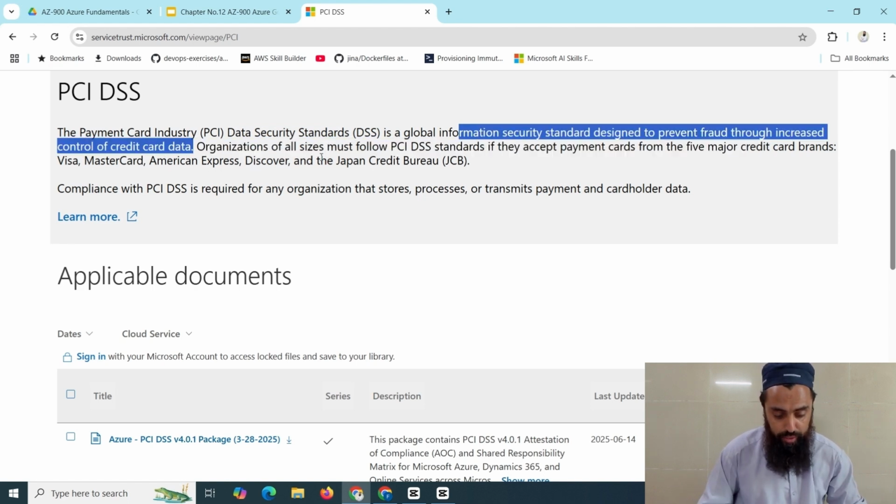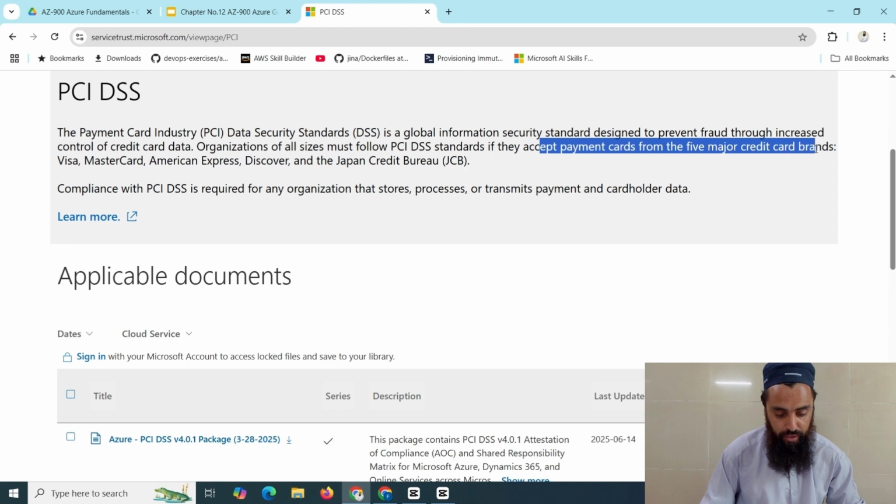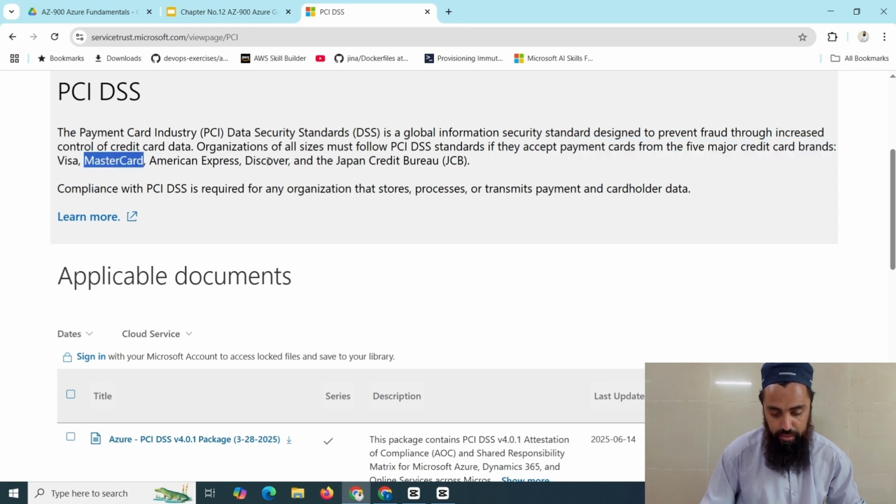And also, guys, you can see here organizations of all sizes must follow PCI DSS standards if they accept payment cards from 5 major card brands like Visa, MasterCard, American Express, Discover, and Japan Credit Bureau.